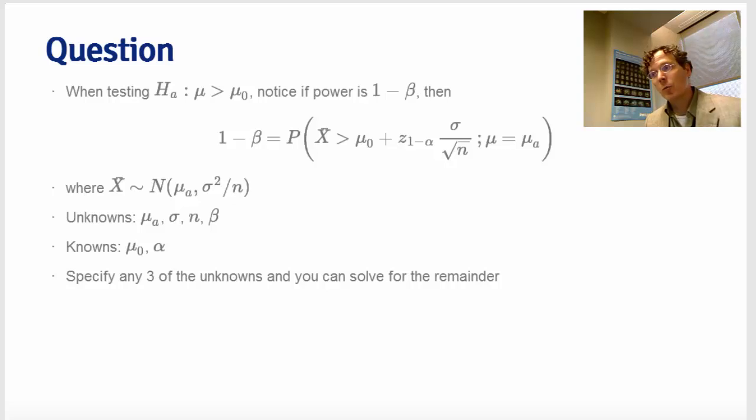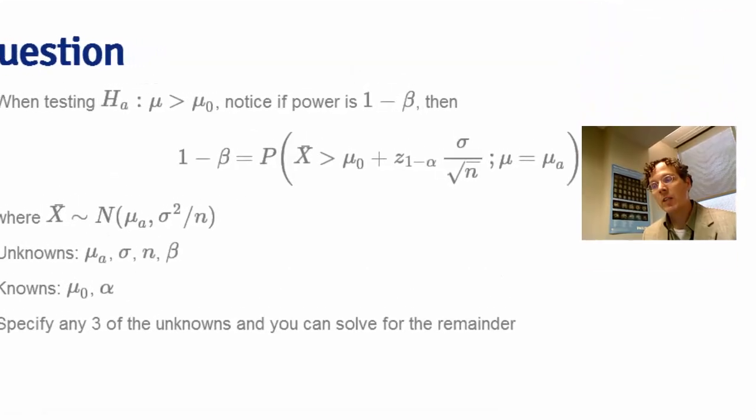So let's just reiterate, when we're testing our alternative being that mu is greater than mu naught, and I'm going to specify power in terms of 1 minus beta, where beta is the type 2 error rate, then we get this equation.